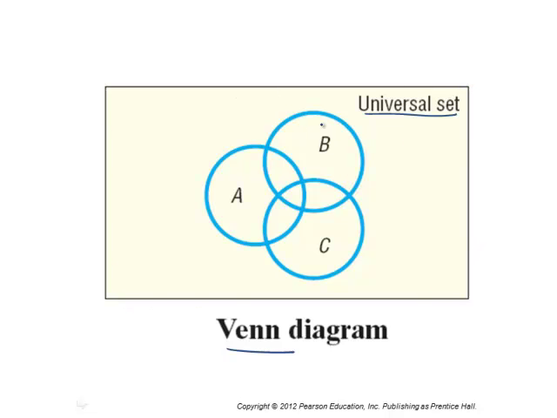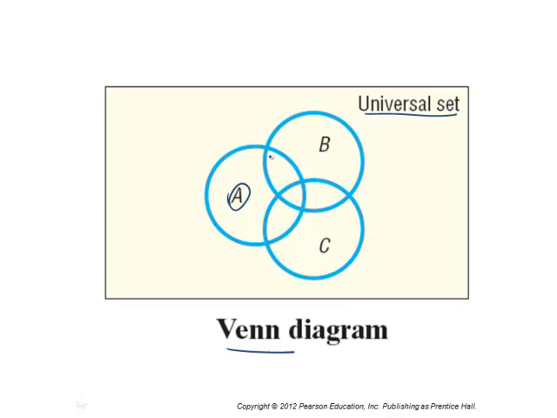And each circle within the rectangle represents a set. So set A, for example, right here, all of set A is indicated by the circle that A is within. And here's set B and set C.